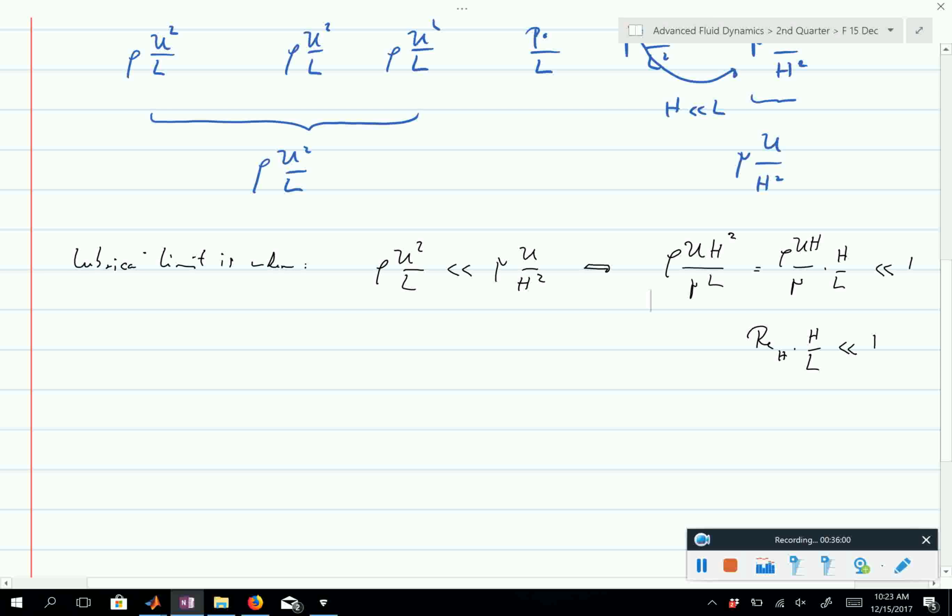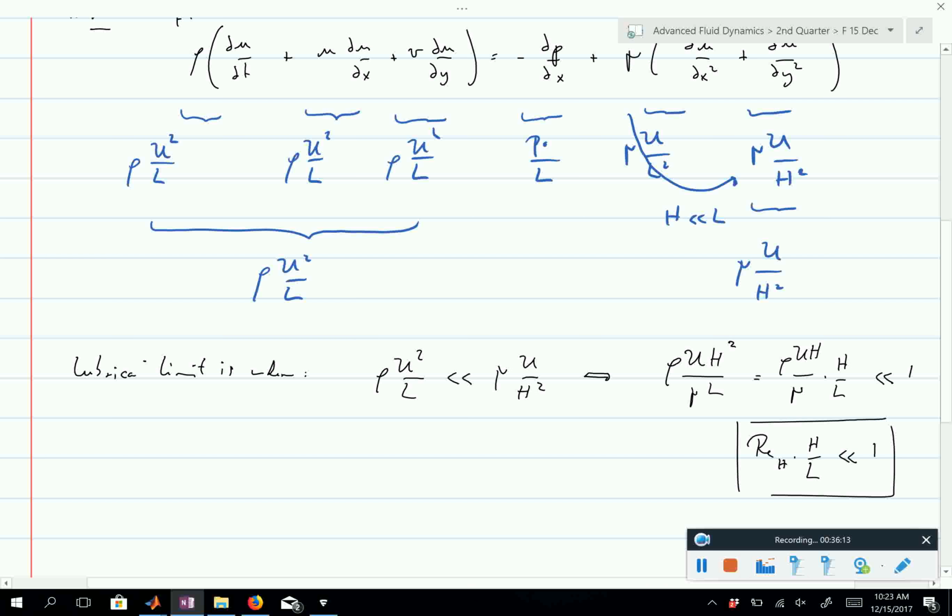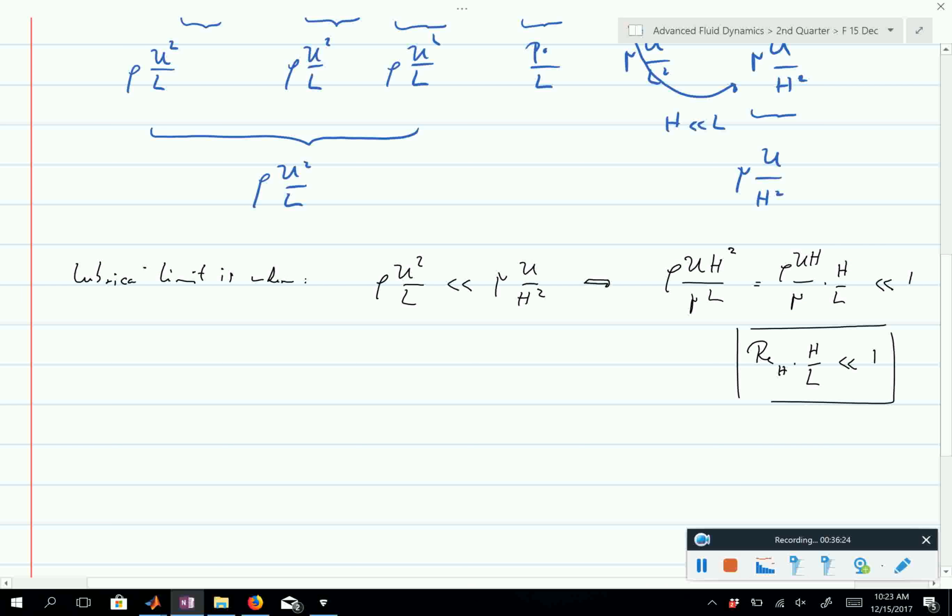Okay, so that's the condition. This is the lubrication limit. And now pressure will adapt to the highest term. Pressure will scale with the most important term. So now you can deduce a scaling for the pressure.